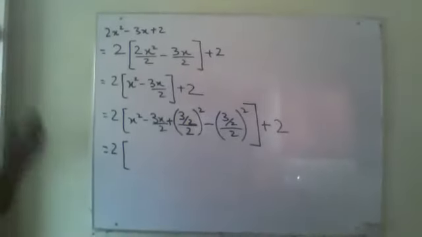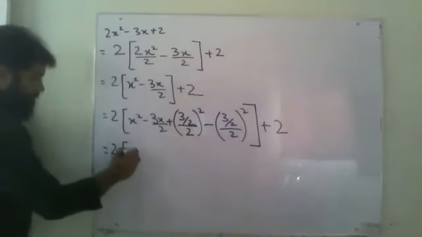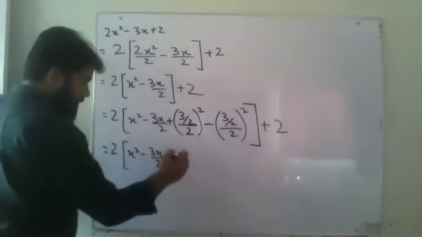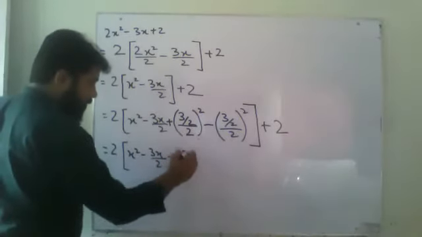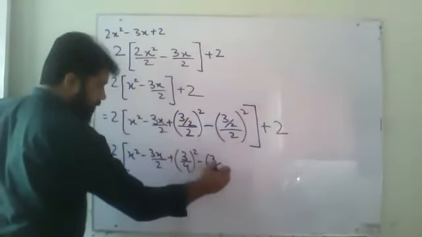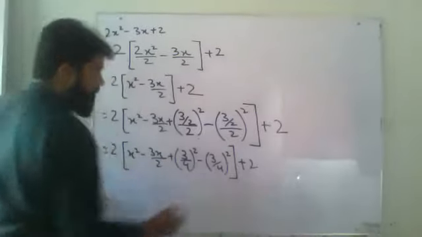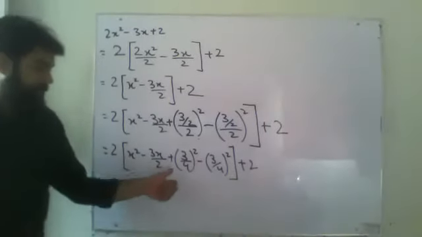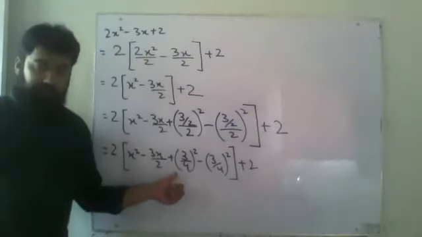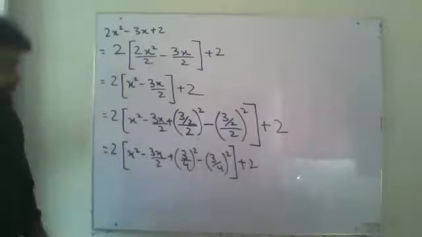So now x square minus 3x over 2 plus 3 over 4 whole square, minus 3 over 4 whole square, plus 2. See, I have written it first with the plus sign, and then with the minus sign.